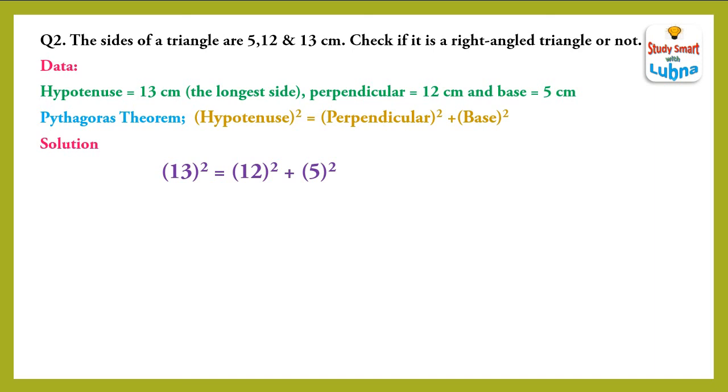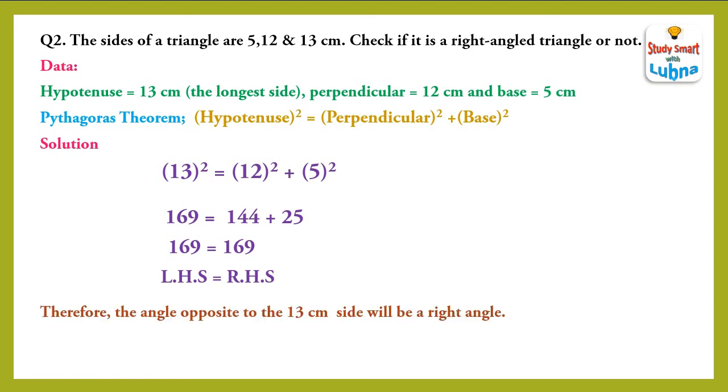Now we will find their values. 13 square equals 169, 12 square equals 144 and 5 square equals 25. Now we will add 144 and 25, that equals 169. We can see that both sides are equal, or we can also say left hand side equals right hand side.